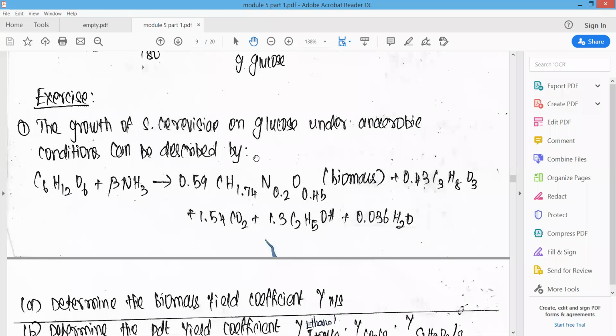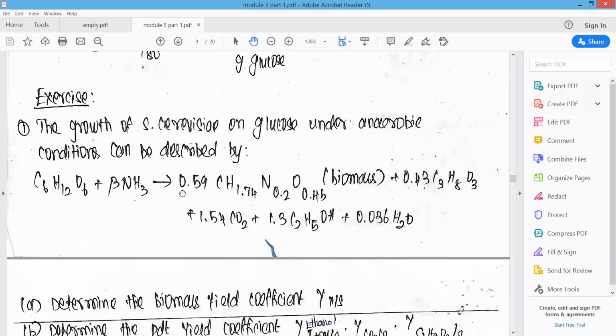So the problem is: the growth of Saccharomyces cerevisiae on glucose under anaerobic conditions can be described by C6H12O6 plus beta NH3 gives 0.59 CH1.74NO0.45 plus 0.43 C3H8O3 plus 1.54 CO2 plus 1.3 C2H5OH plus 0.036 H2O.